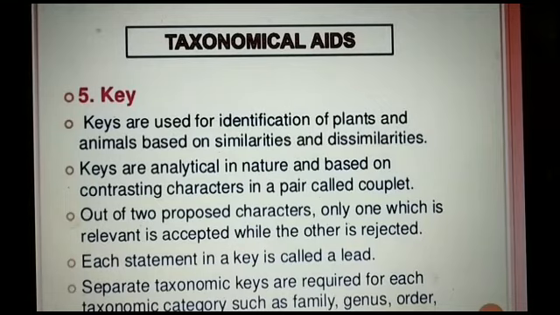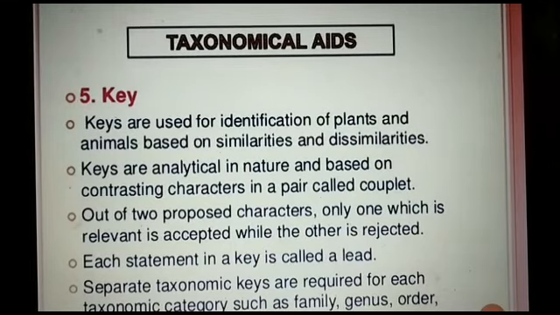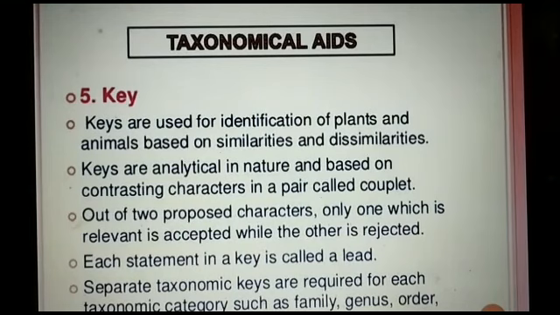For example, I give an example here that if I see a specimen, then I create a questionnaire for that. Keys are generally analytical in nature. For example, if I see a specimen, then I have a pair of questions. Does it have legs?